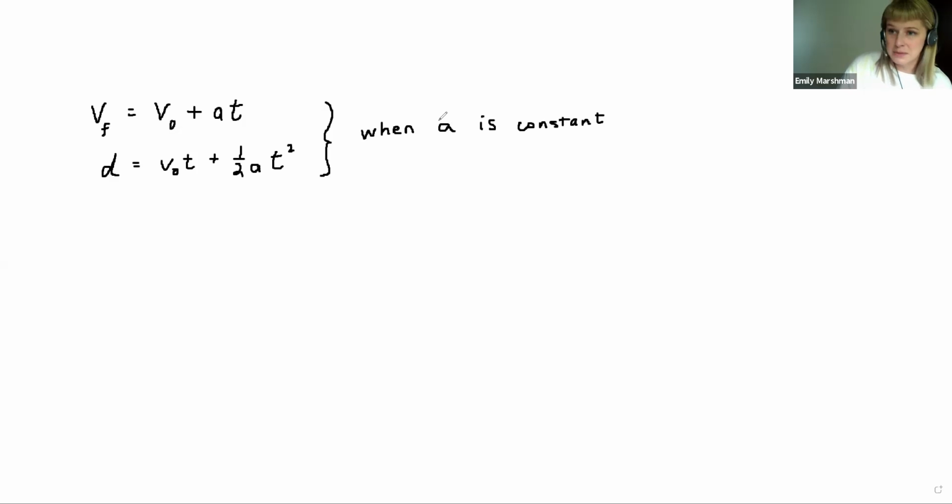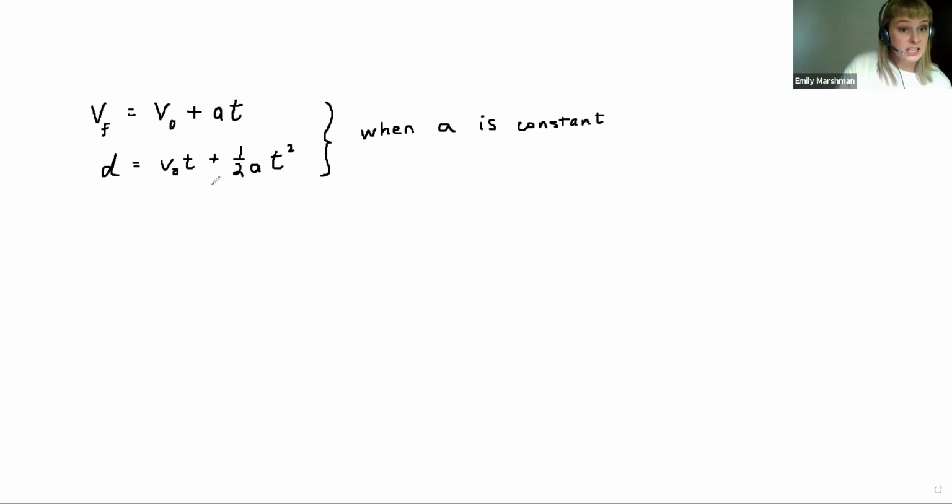Acceleration could be 10 meters per second squared. Acceleration could be negative. Maybe you're slowing down. Acceleration could be -5 meters per second squared, but it's not changing with time. Okay. So those are two of the kinematics equations that can be used to describe motion. And those you learned about in chapter 2.